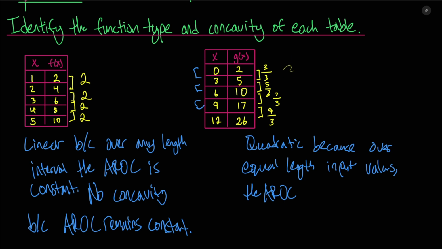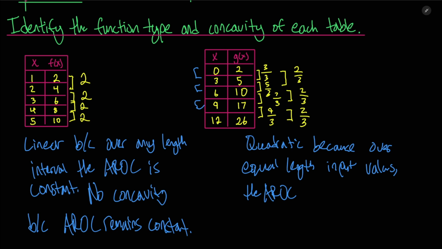How are these separated? How do you get from 3 over 3 to 5 over 3? You add 2/3, right? How do you get from 5 over 3 to 7/3? You add 2/3. How do you get from 7/3 to 9/3? You add 2/3. Notice how the change in the average rates of change is constant, right?